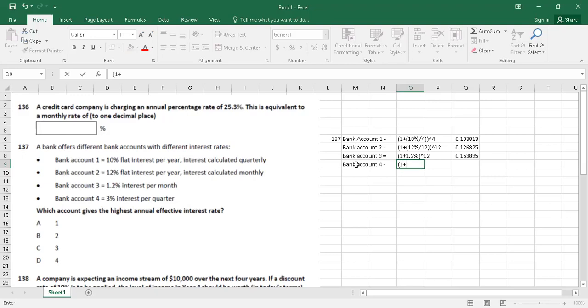One plus, it's already 3% quarterly. There are 4 quarters here.